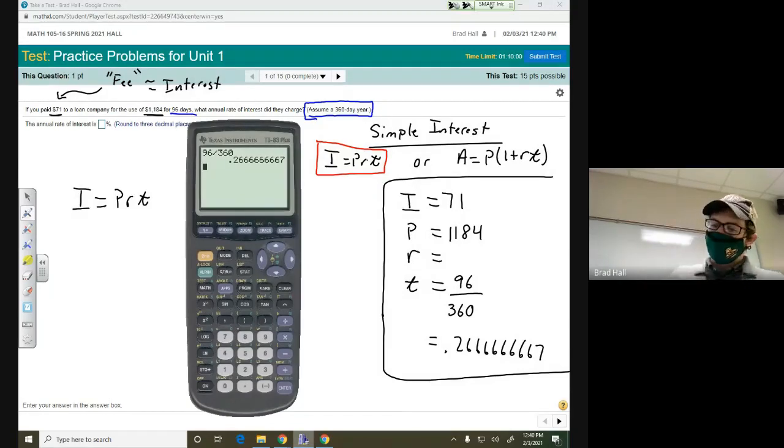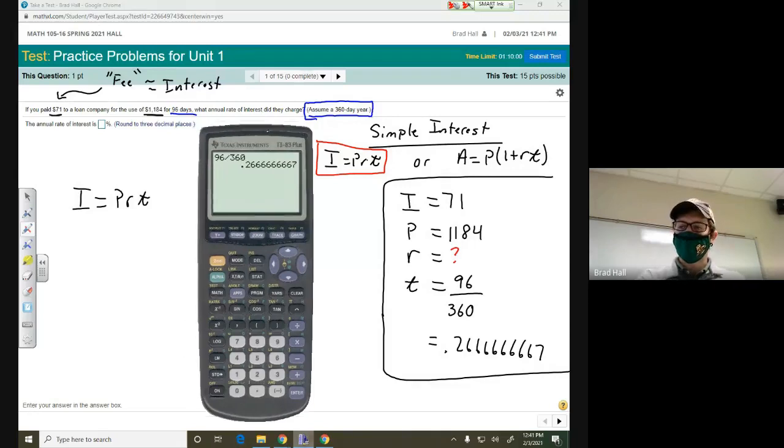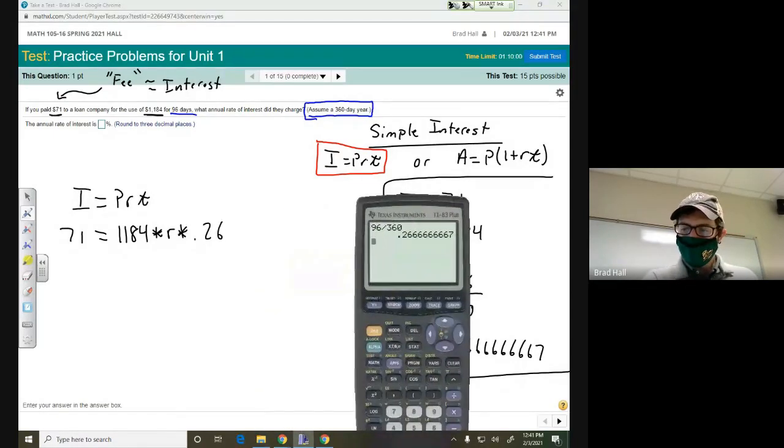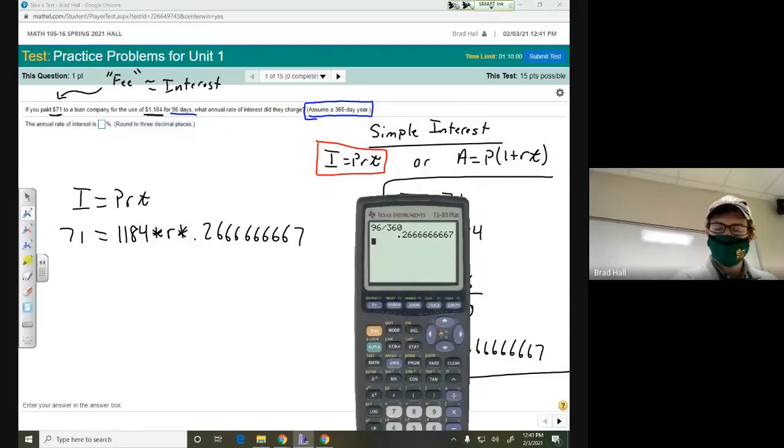So I'm just going to use all of them to be safe. You can use 6 or 7. And so R, the rate, is the unknown value. So if anything, we know what to plug in: 1184 times the rate times 0.2666667.